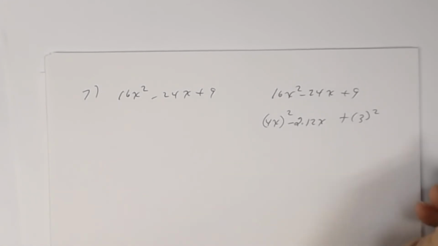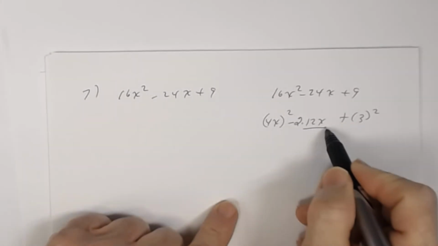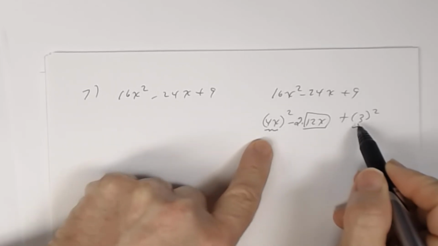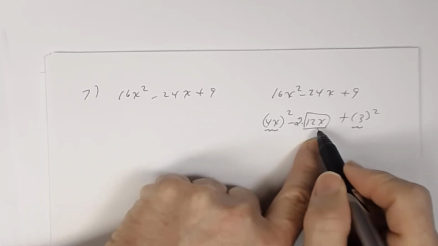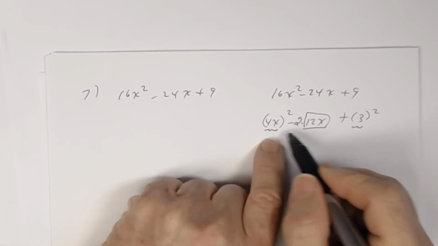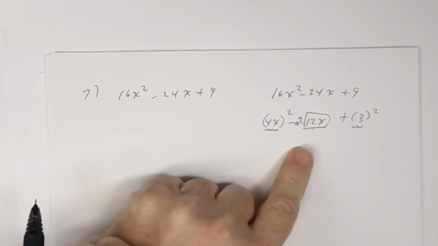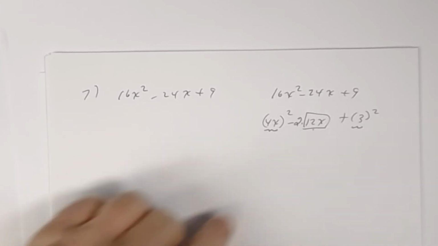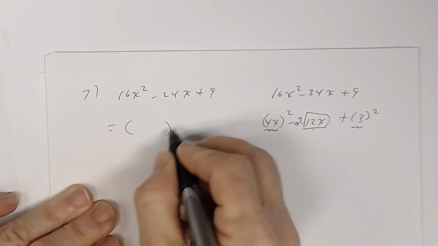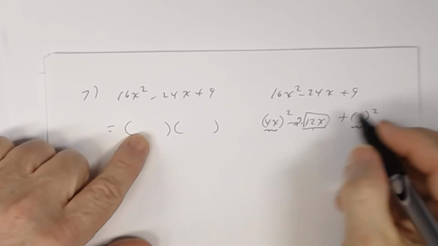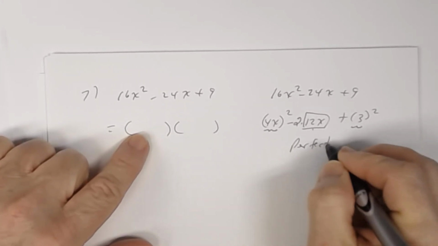Okay? And now I want you to notice this. If I take the 4x and I take the 3, when multiplied together, does that give me that 12x? Yes, it does. 4x times 3 gives me 12x, right? So that is a perfect square trinomial. So that means when you factor it, those two binomials are the same.